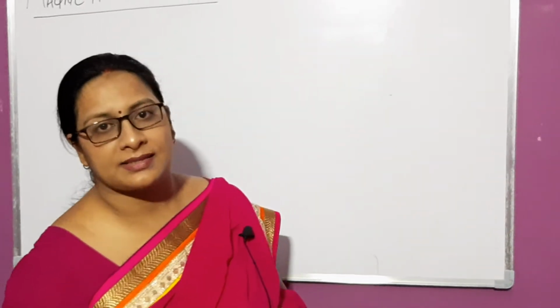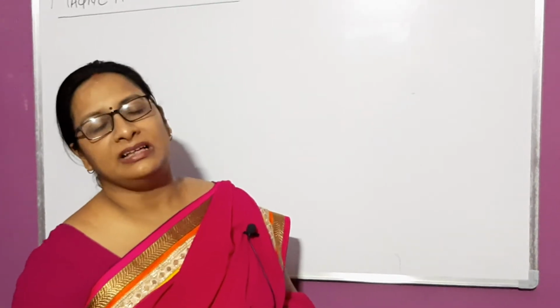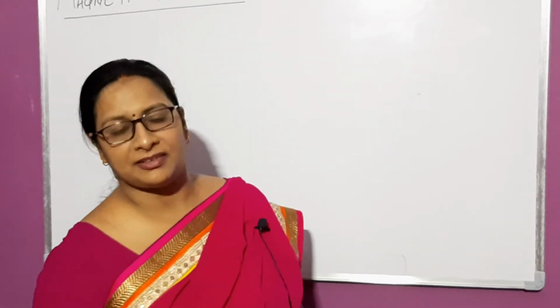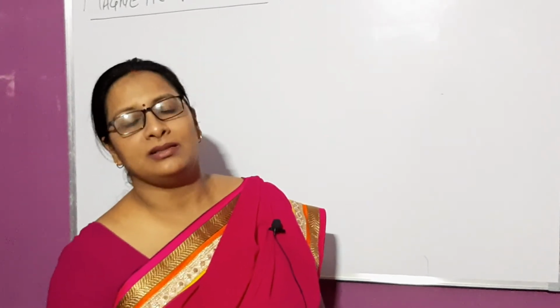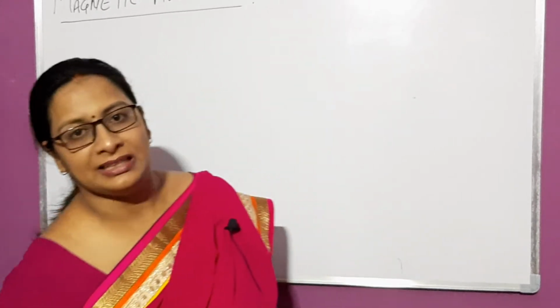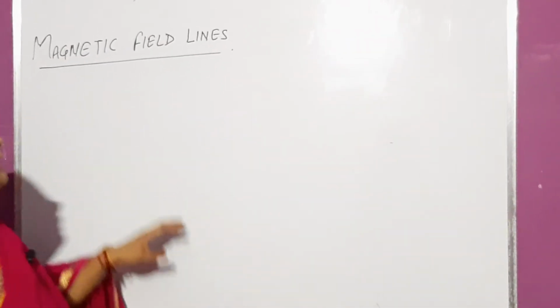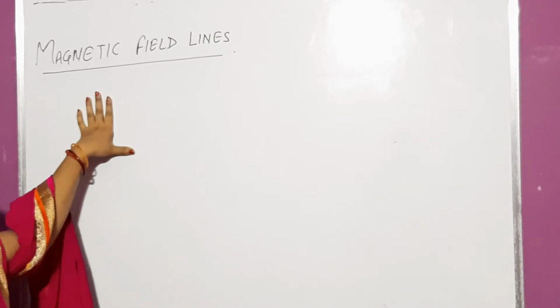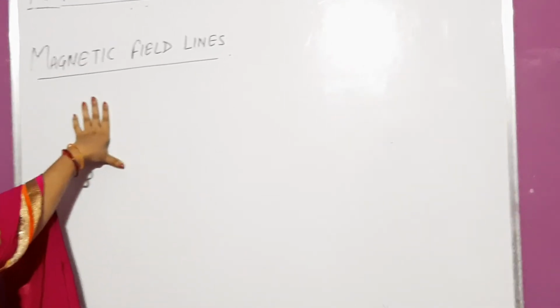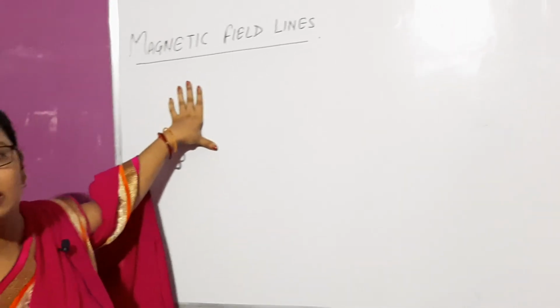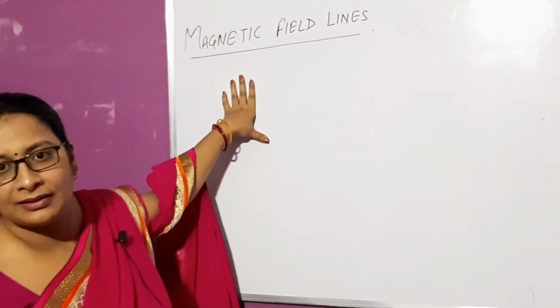Magnetic field lines. It is a pictorial representation of magnetic field. We can visualize the magnetic field or its strength by drawing magnetic field lines. Magnetic field lines are imaginary curves which give information about the strength of the magnetic field.